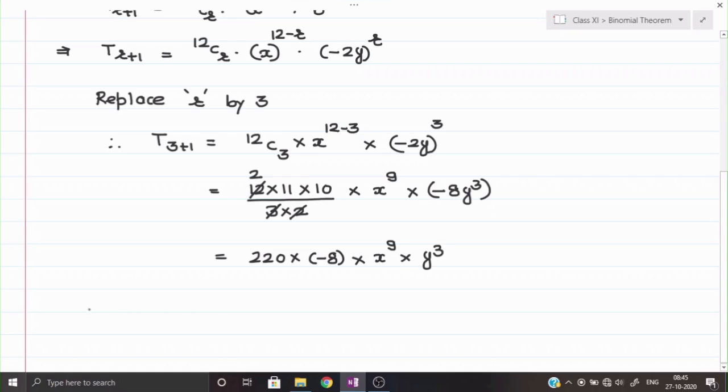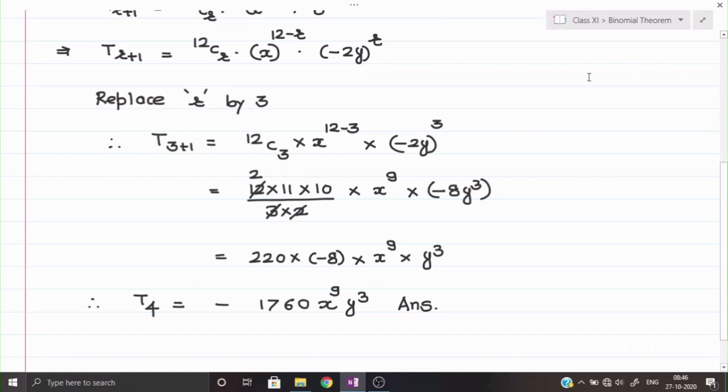Now finally we can multiply and we can say that the fourth term will be equal to minus, 8 2s are 16, 6 carry 1, again 8 2s are 16 and plus 1 is 17. So minus 1760 x to the power 9 y cube, this will be your answer.